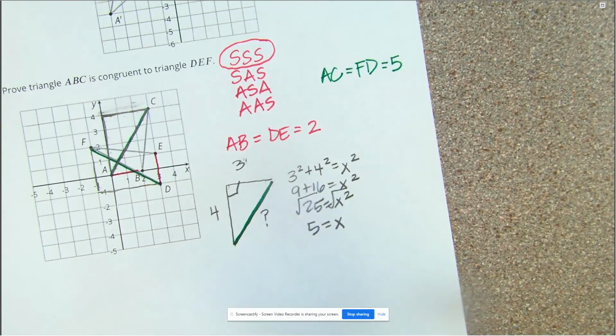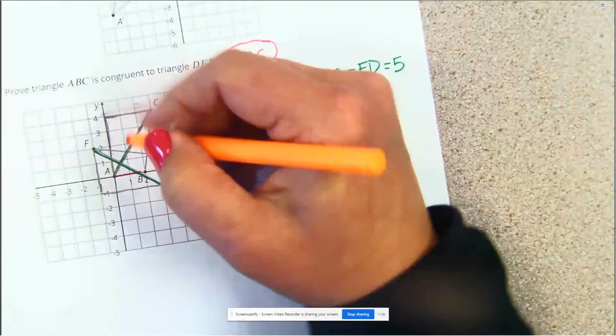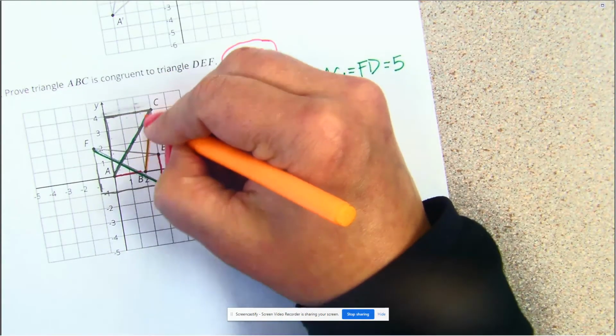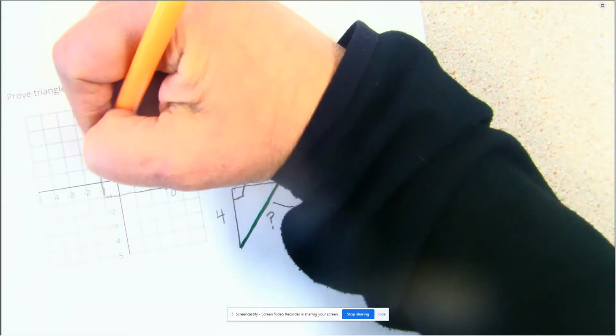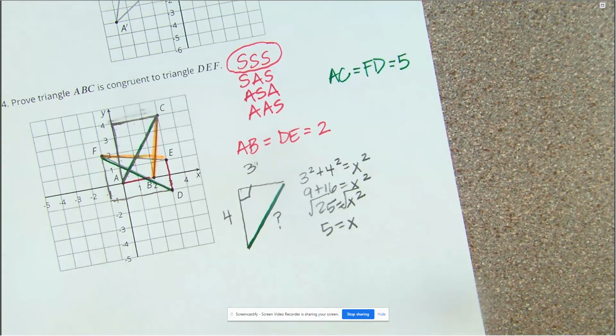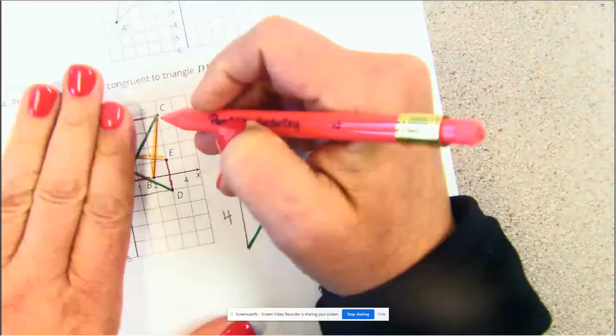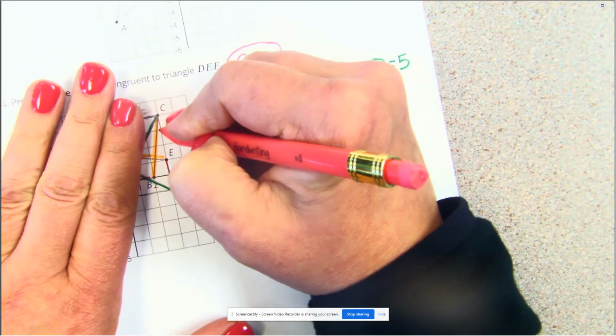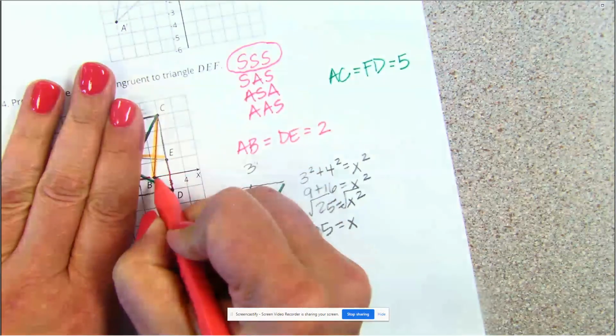Now I've got this side right here. Let's use a different color. Use the orange highlighter. Now I need to find this side, right, which is the same on both of these. Now, what are you going to do? Make a triangle out of it. Take a look at this. That's 1, 2, 3, 4, and 1.